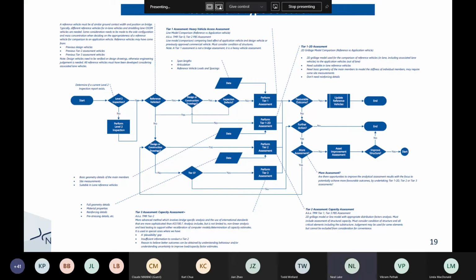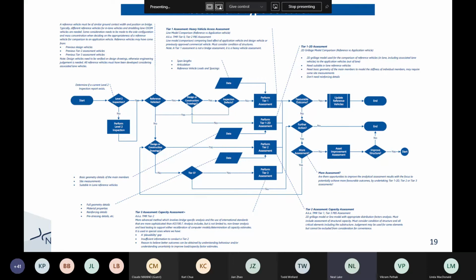If you do have them, then you can go down the very straightforward path of doing Tier 1 assessment. In the webinar that I do on Thursday, I will talk about what is an appropriate reference vehicle when we detail Tier 1 assessment in much more detail. I really want to hone in on Tier 1 assessment because, as a local asset owner, local road authority, this is the thing you really need to get au fait with and understand so that you can make decisions on those heavy vehicle access requests.